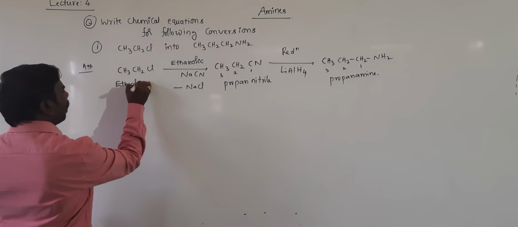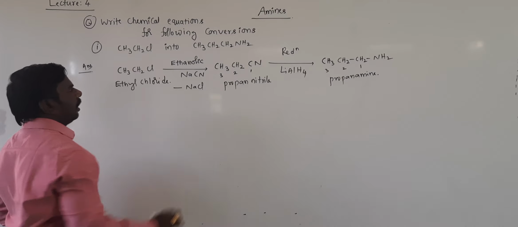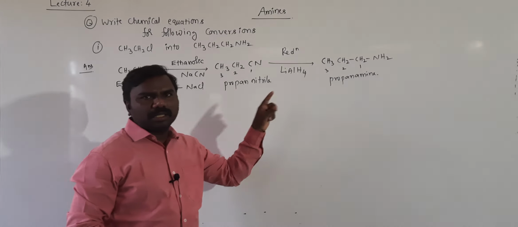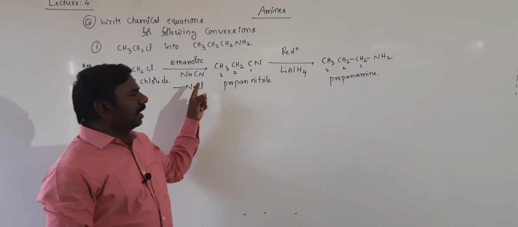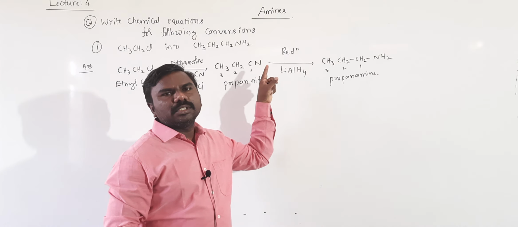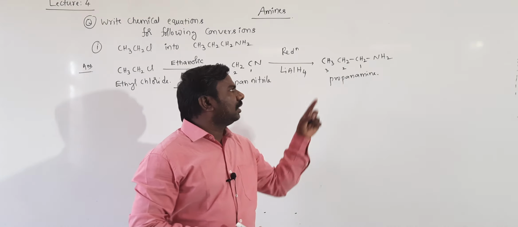Ethyl chloride, also called chloroethane, is converted into propanamine by this method. First ethyl chloride reacts with NaCN, then we get one extra carbon, 3 carbons, then on reduction it gives propanamine.